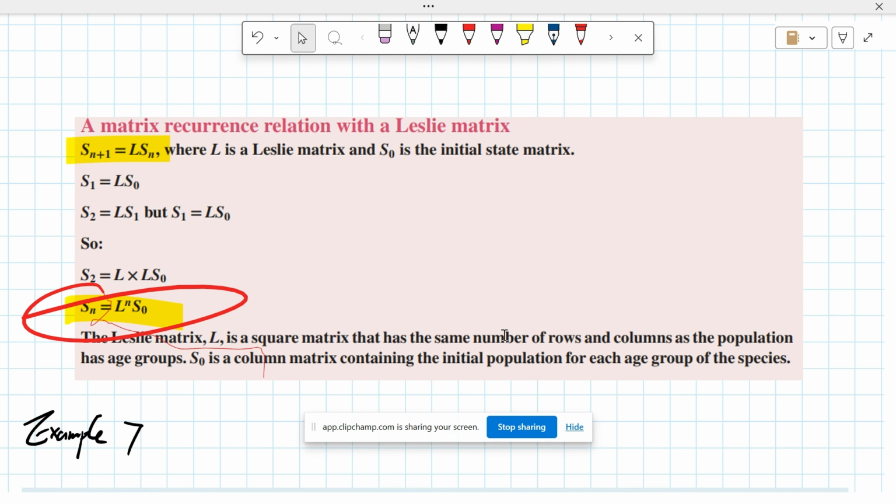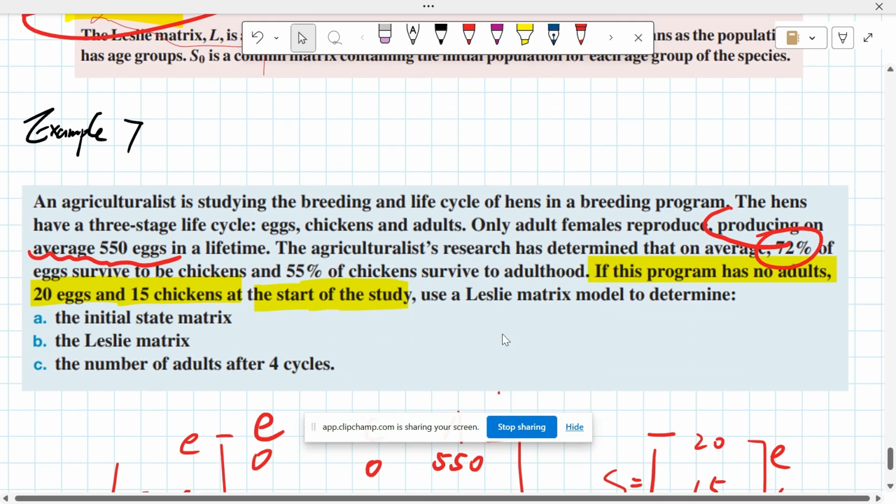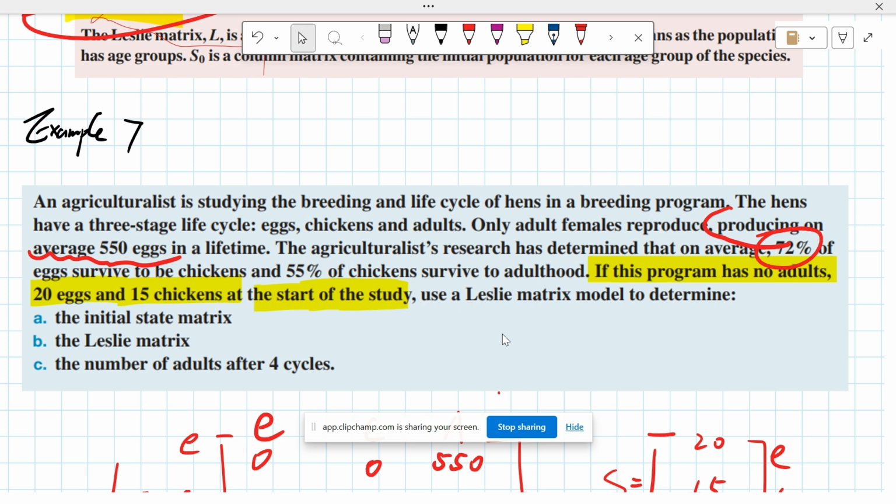For this question, I will start with this one. If I study the breeding life cycle of hens, we have chickens laying eggs, and the adults.